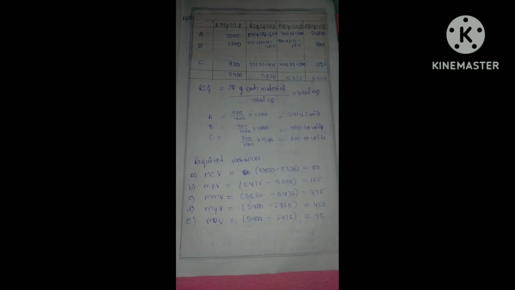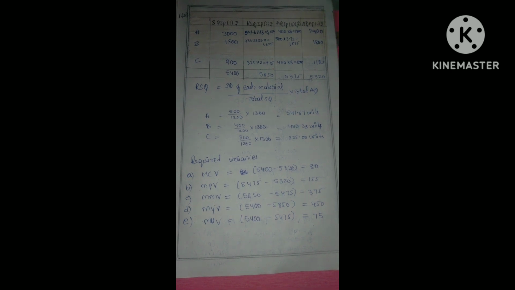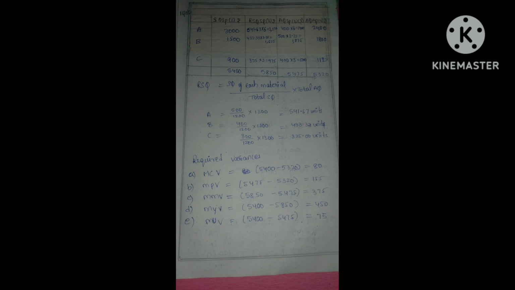So 400 into 3 rupees we will get 1200. Now we have to totalize all the values, that is SQSP, RSQSP, AQSP and AQAP. After totalizing SQSP we will get 5400, RSQSP we will get 5850, AQSP we will get 5475 and AQAP we will get 5320.